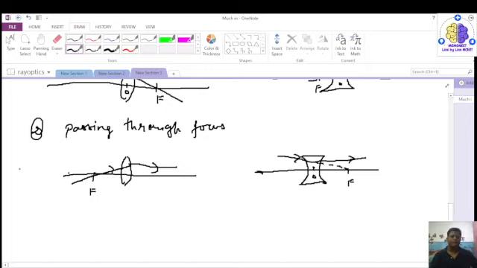The third type of ray which we can use for image formation is the ray passing through the optical center.